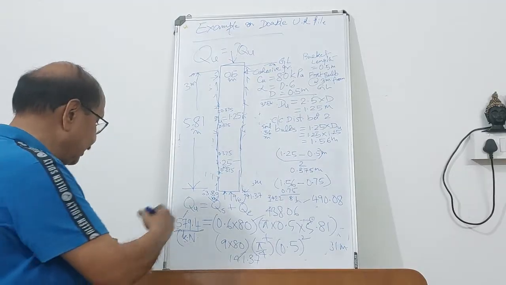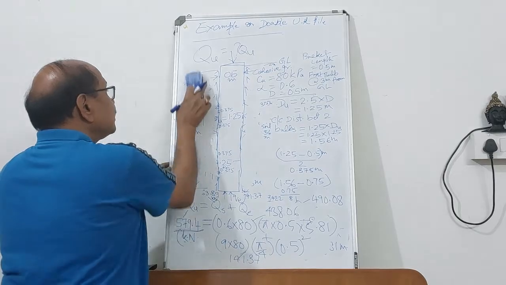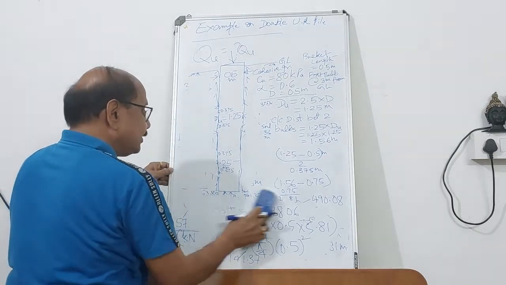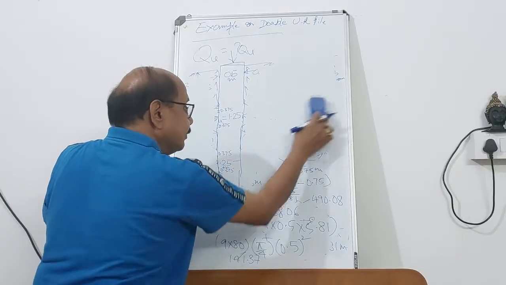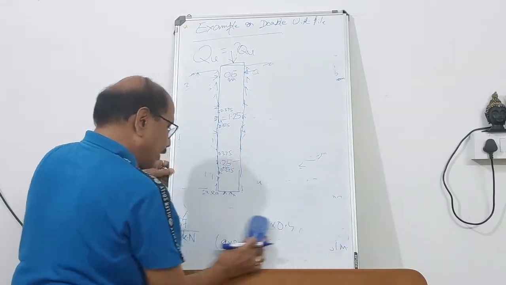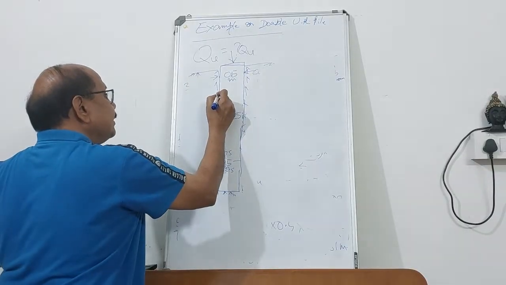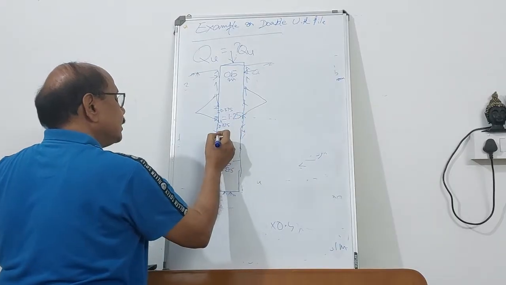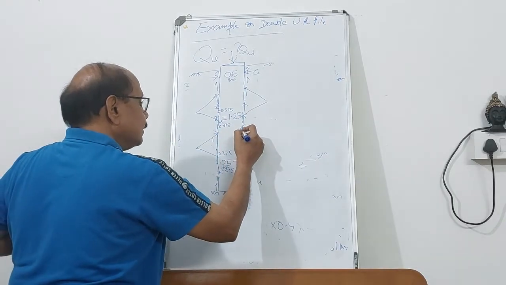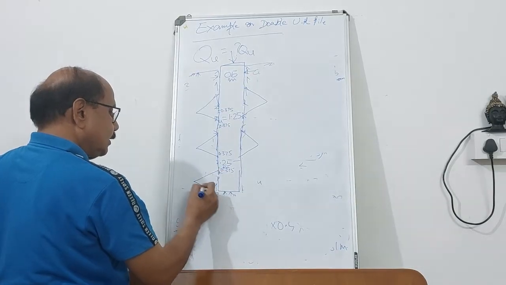Say if it is a multi under-reamed pile, you will have a number of bulbs. Let's say more than 2 bulbs, it is going to be a multiple under-reamed pile. So for a multiple under-reamed pile, let's say one bulb is here, the second bulb is here, the third bulb is here.